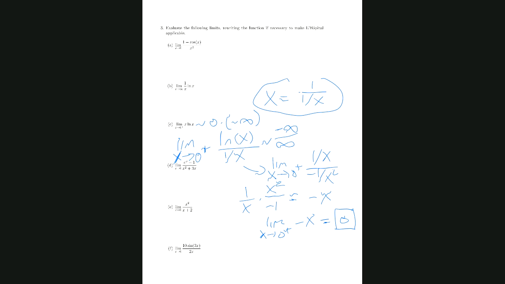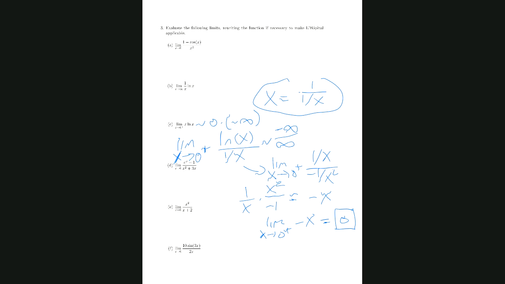All right, so the next one we looked at was part D, which was the limit as x approaches 0 of e to the x minus 1 over x squared plus 3x. The answer for B was 0 as well. Yep.